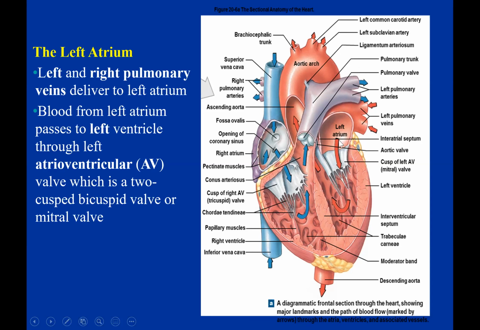So the blood from the lungs, the oxygenated blood, will pool in the left atrium. And when this valve opens, it comes to the left ventricle. And when the left ventricle contracts, it will push the blood up to the aorta. So it's high pressure here, aorta, and then that will take it to the systemic circuit.